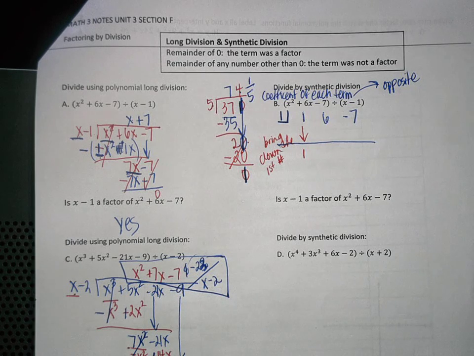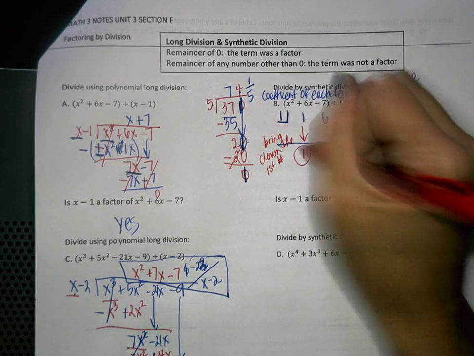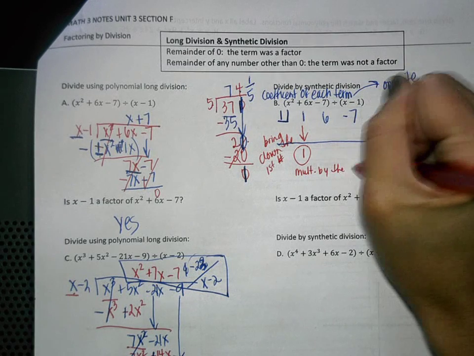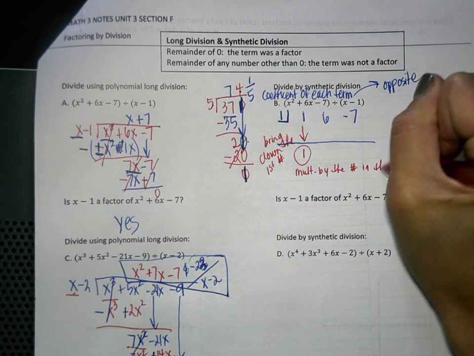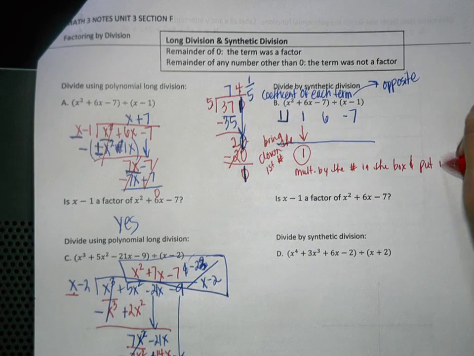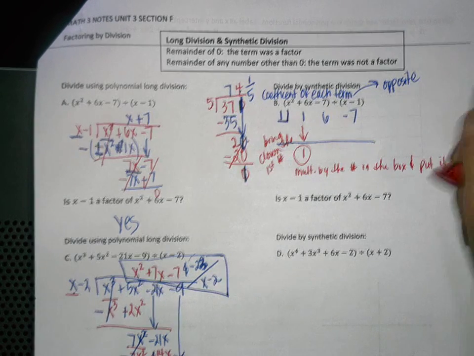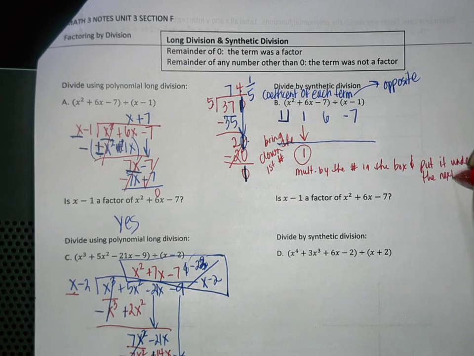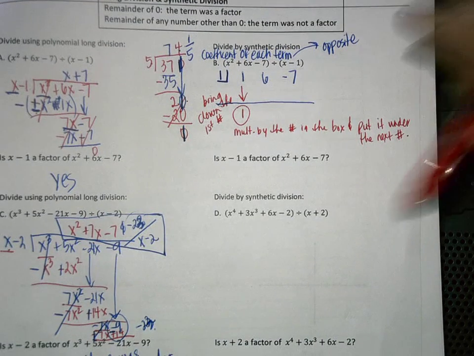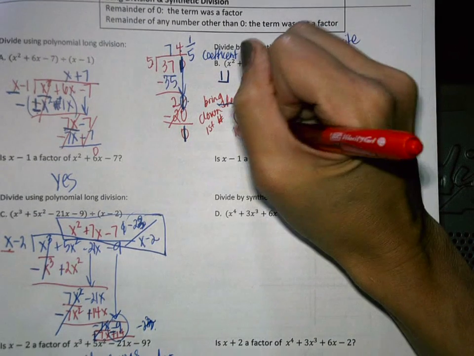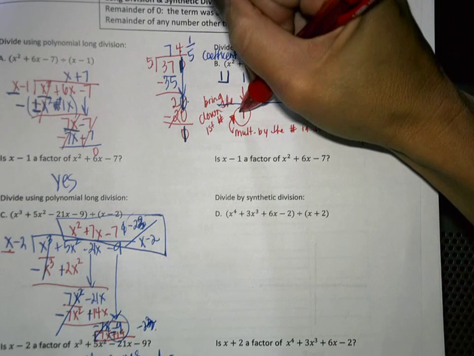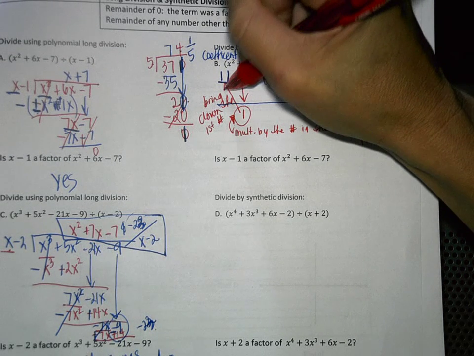The next thing you do is you take this number and multiply it by the number in the box and put it under the next number. So you're taking this number and multiplying it by that number.